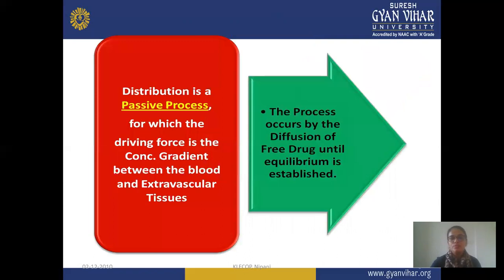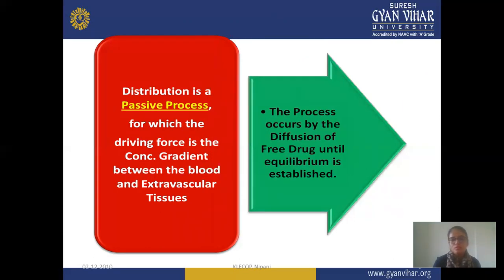Distribution is a passive process for which the driving force is the concentration gradient between the blood and extravascular tissue. You can say that distribution is a passive mechanism, because in passive diffusion no energy is required, and it is a concentration gradient process.